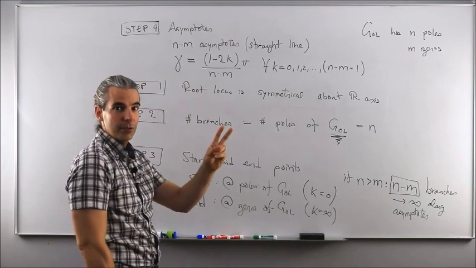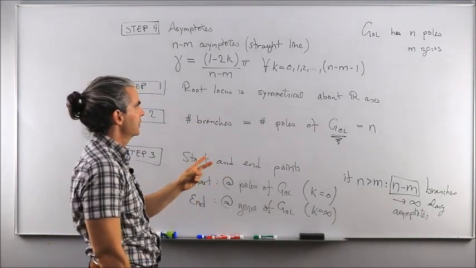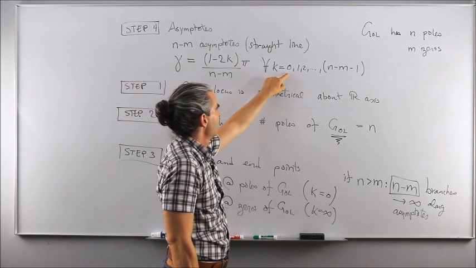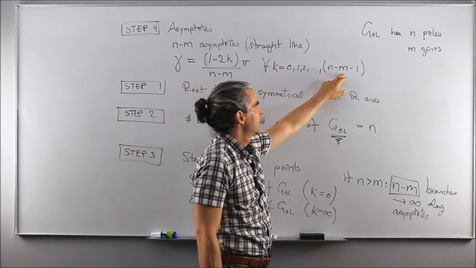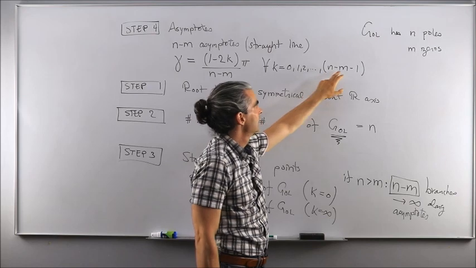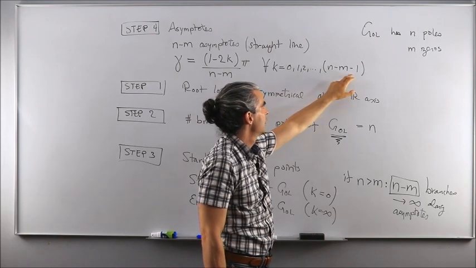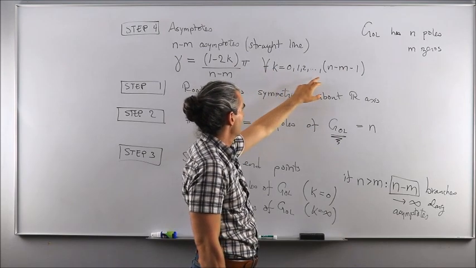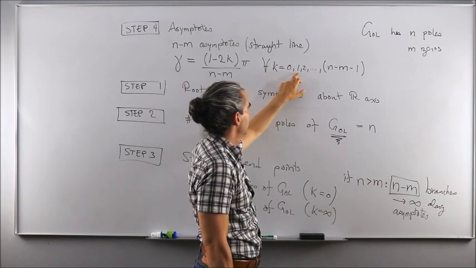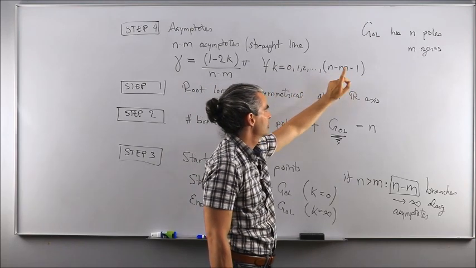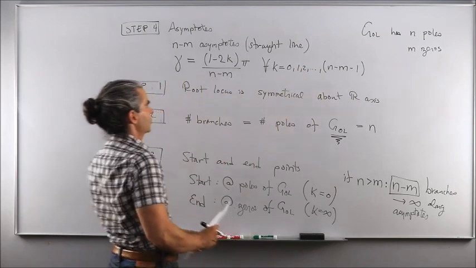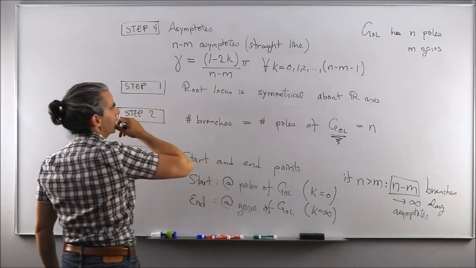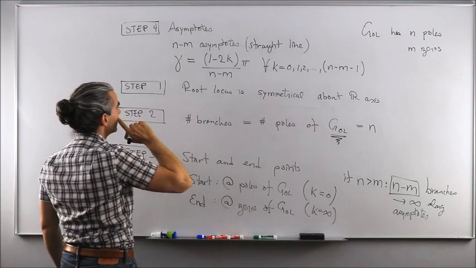If you have 2 asymptotes, as in our previous example, n minus m was equal to 2, because we had 2 poles and no zeros, then minus 1. So the index k will range from 0 to 1 only. So we had 2 asymptotes to calculate: one with k equals 0, and the second with k equal 1.